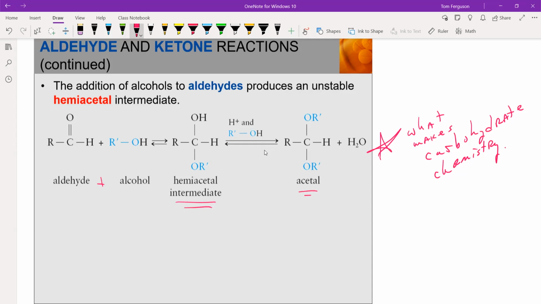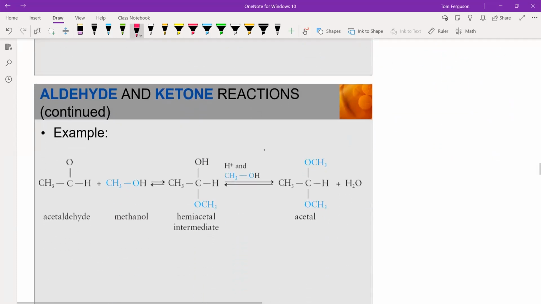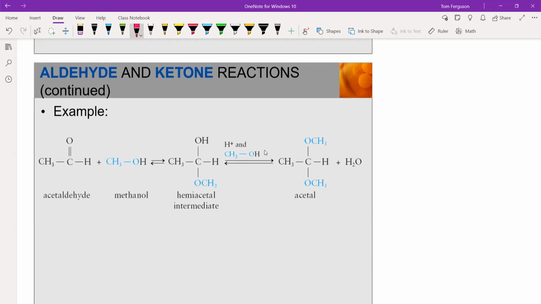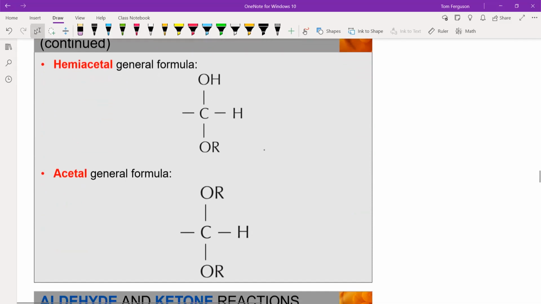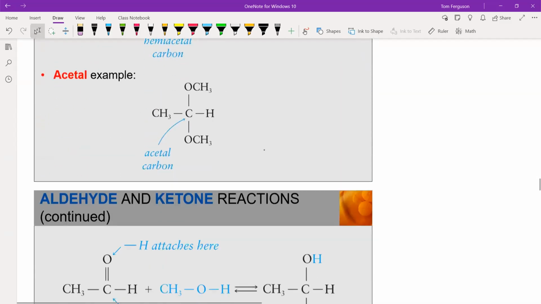So I'm going to cover these extensively when we get to Unit 2 carbs. We're not going to do these in Unit 1, because these can get quite complex. It depends on what aldehyde, what alcohol you mix together, you'll get a varied product. But we're going to cover these when we do carbs.